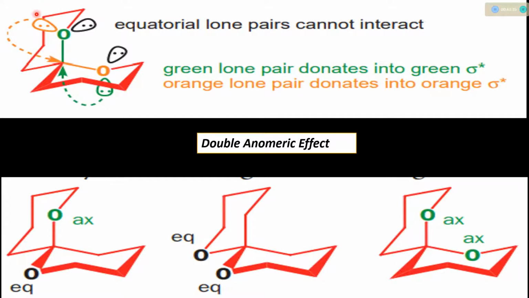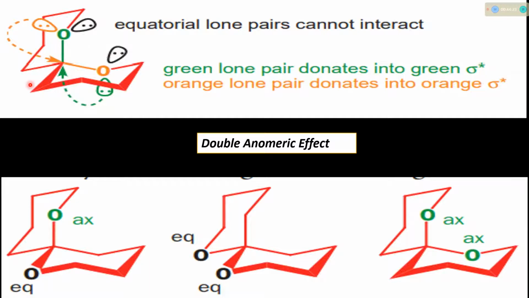Now if we consider this other cyclohexane chair, the orange lone pair donates electron density to the sigma star of this orange C-O bond. For this cyclohexane, this is the axial C-O, and for this one, this is the axial C-O substituent. This is the more stable structure because, due to the anomeric effect, the transfer of electrons from the lone pair will occur into the sigma star of this C-O bond only in this structure.